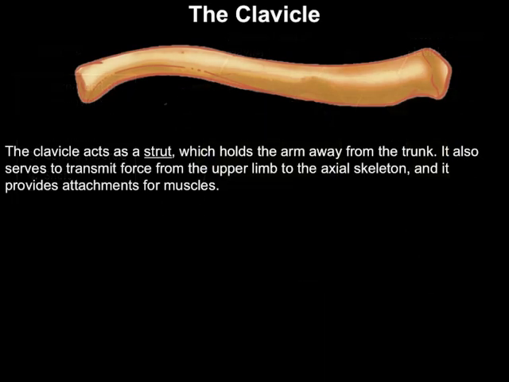The clavicle acts as a strut, which holds the arm away from the trunk. It also serves to transmit force from the upper limb to the axial skeleton, and it provides attachments for muscles.